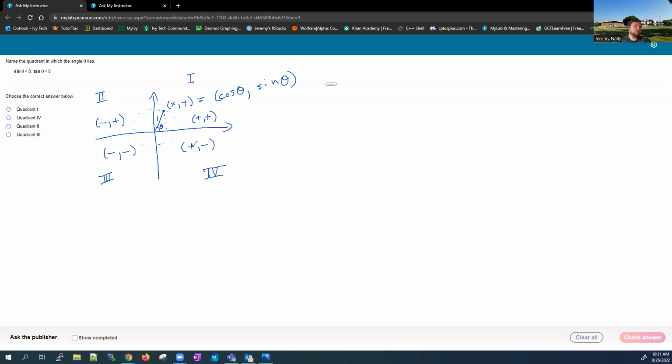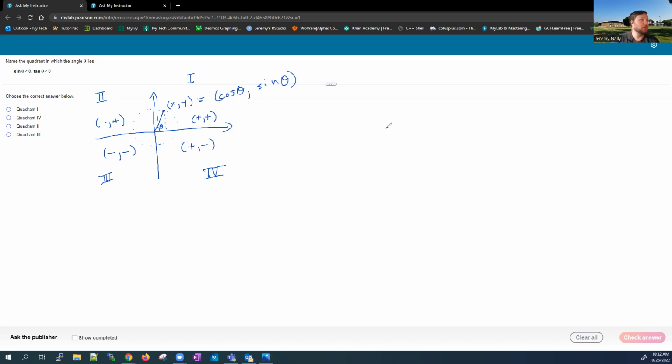And in quadrant 4, cosine is positive and sine is negative. Okay. So just kind of add this idea to your memory palace or wherever.